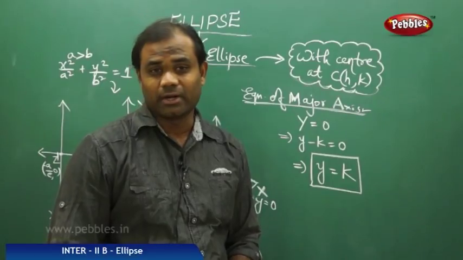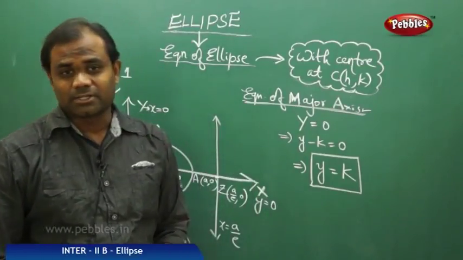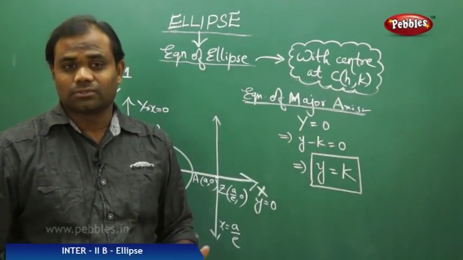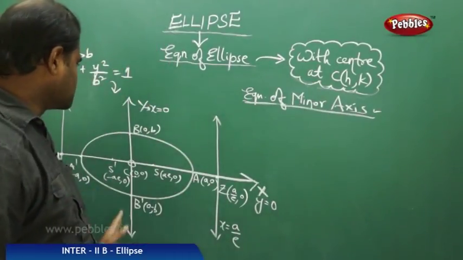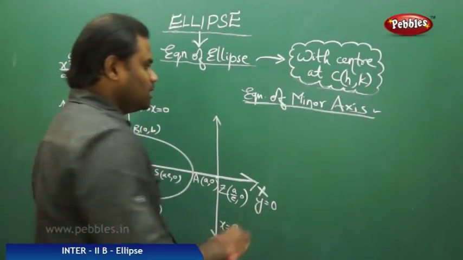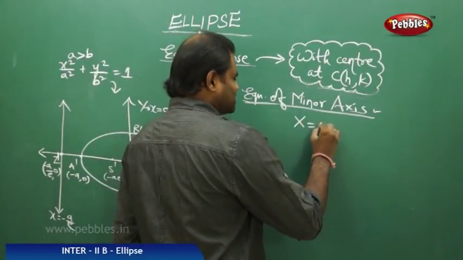(x minus h) whole square by a square plus (y minus k) whole square by b square equal to 1. Similarly, the equation of the minor axis, which is x equal to 0, is with capital X equal to 0.